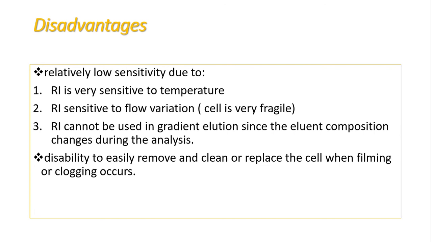Because of that, we can't use gradient elution. Also, it lacks the ability to easily remove, clean or replace the cell when fouling or clogging happens. So when we have a problem in the cell, it is not easy to remove or clean this cell.